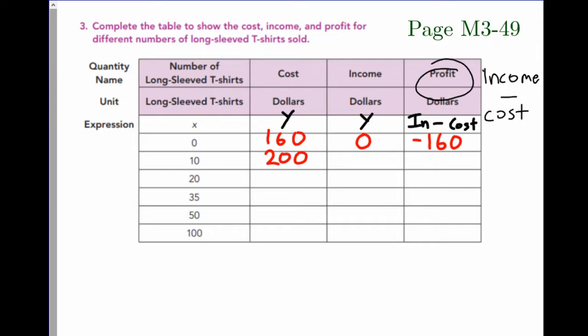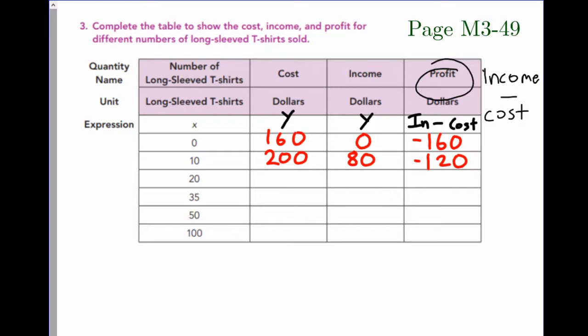And our income is 8 times the number of shirts we sold. So if we sold 10, 10 times 8 is $80. Well, 200 minus 80 is still in the negative, $120. So we've made a little bit of our money back, but we're still not making a profit. We are still in the hole $120.